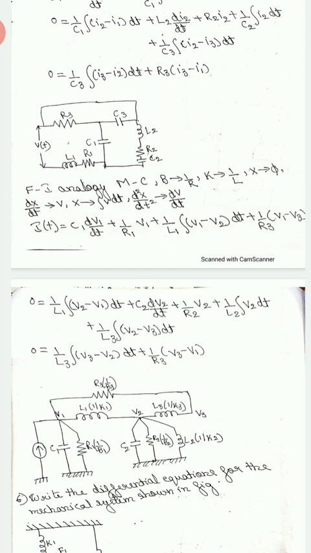Opposite to what we converted in force voltage analogy: if it is V of t, then we will write I of t. Instead of inductance we will write capacitance. Instead of R, 1 by R. Instead of 1 by C we will write 1 by L, and instead of I we will write voltage. Like that we will write for force current analogy.